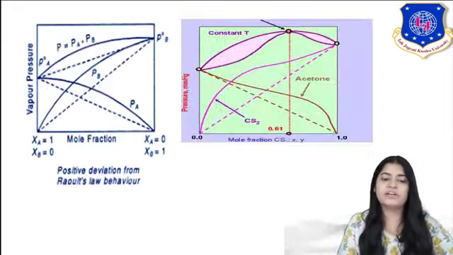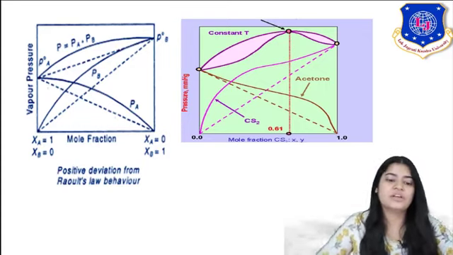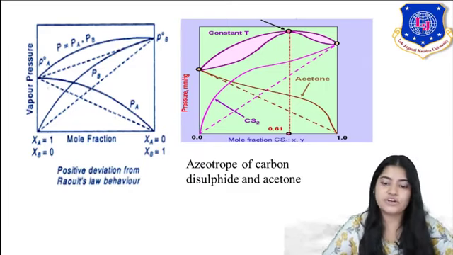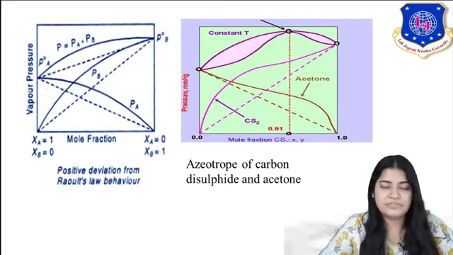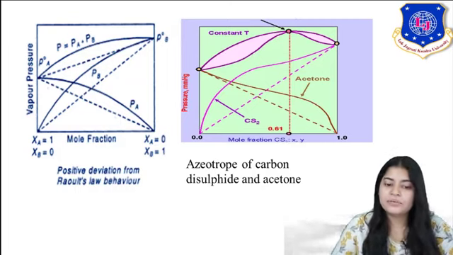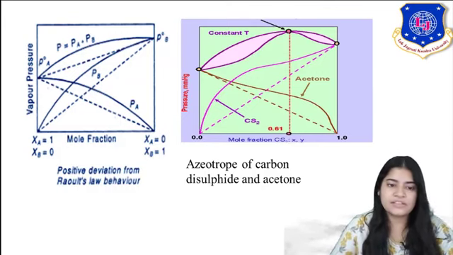Now moving forward, let's understand using an example. Here I am taking an azeotrope of carbon disulfide and acetone. In the left side figure you can see PA and PB, where a comparison of the ideal solution and non-ideal solution is given.